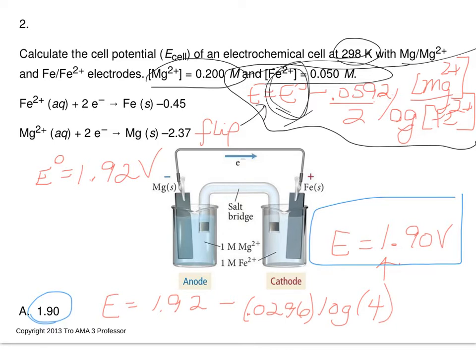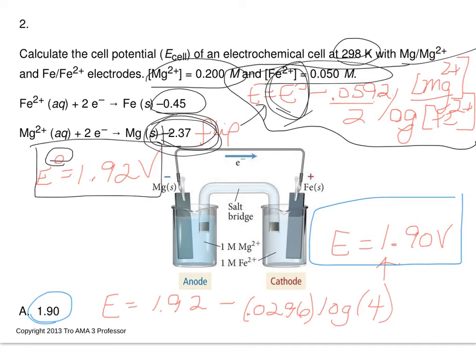You have to find the standard cell potential first. So I did that. And of course, as always, you have to flip one of the half reactions to make it an oxidation. And the more negative one is the one that makes more sense to flip, and so this becomes a positive 2.37, and therefore the standard cell voltage is 1.92.